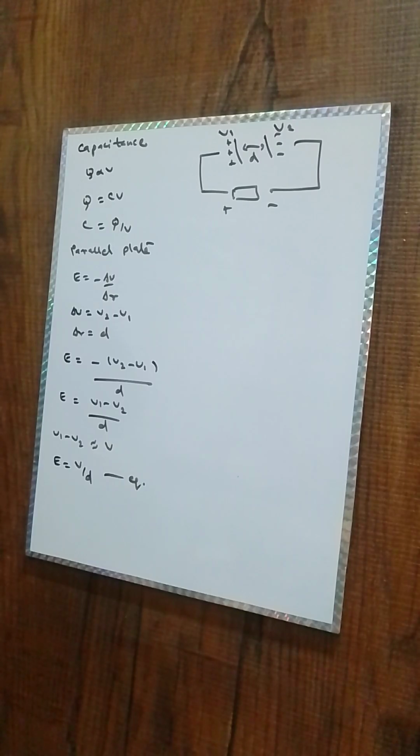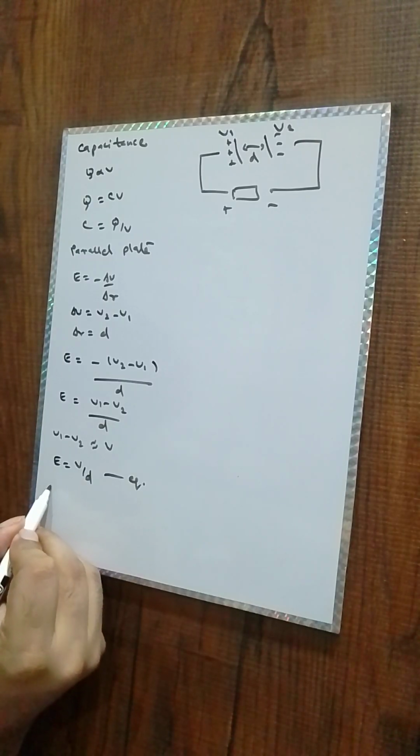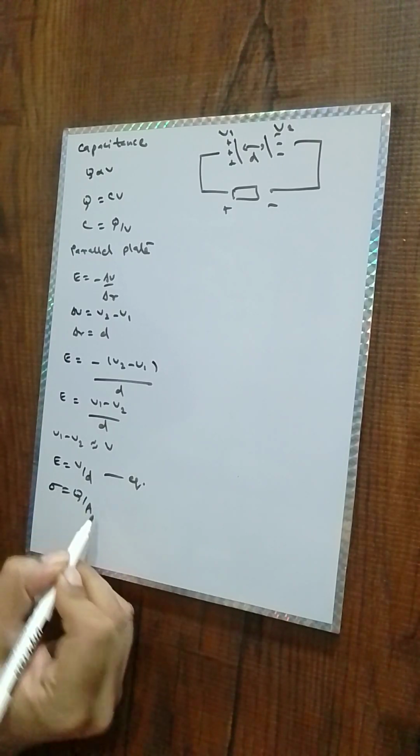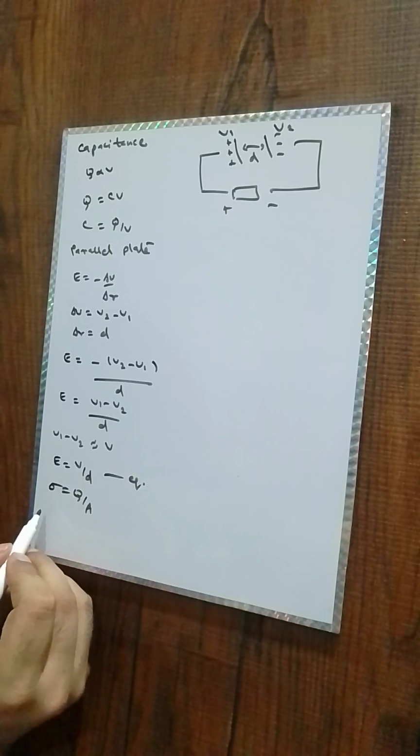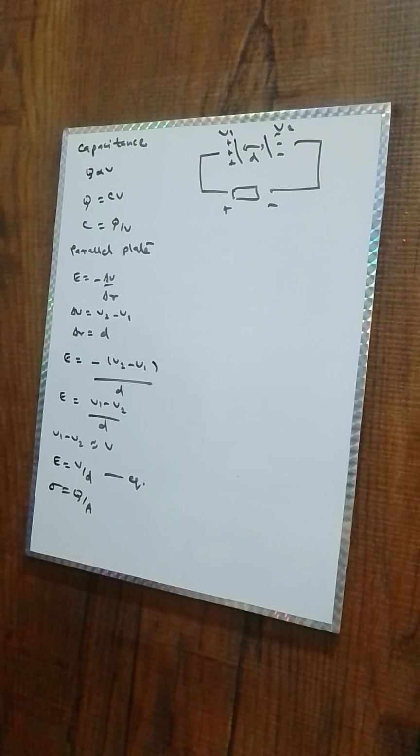And density, we know that sigma is equal to Q by A. Charge by area is the density, and we will carefully use these forms, which are basic ones, so everything will not be derived, but some basic forms will just be used.